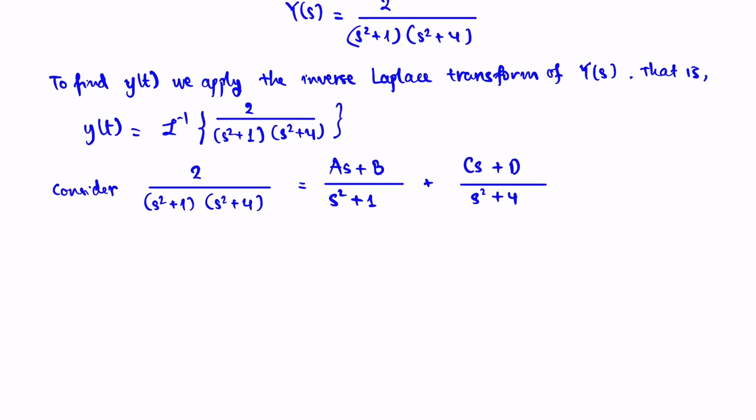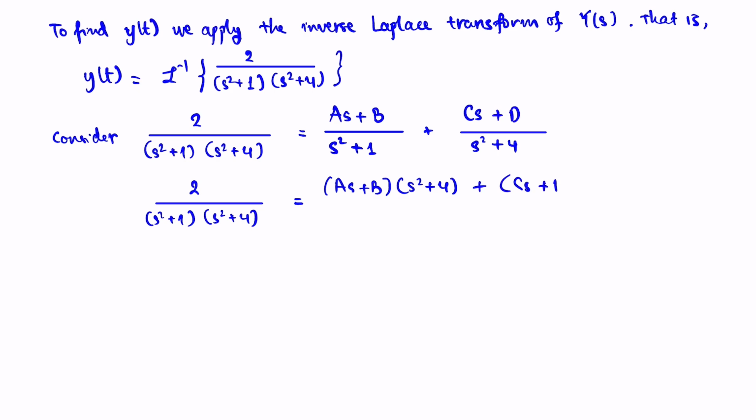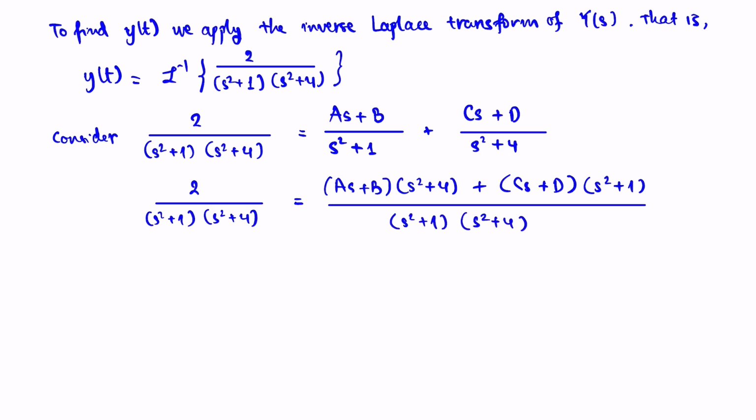All right, next we're going to combine the two fractions on the right-hand side. You have 2 over s squared plus 1 times s squared plus 4 equal to as plus b times s squared plus 4, plus cs plus d times s squared plus 1, altogether divided by s squared plus 1 times s squared plus 4.